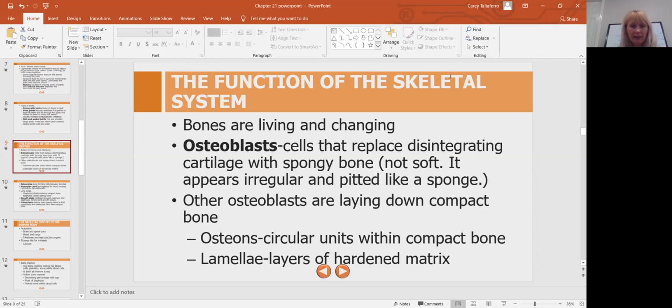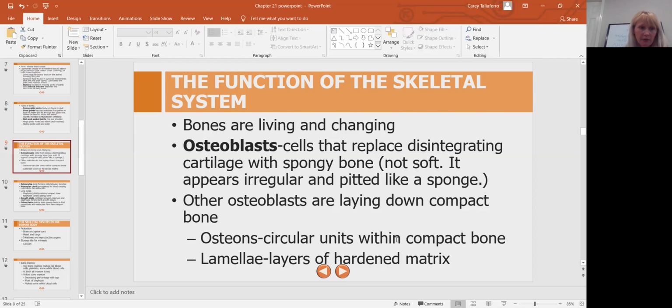Then you have the lamellae, which are layers of hardened matrix, and both of those are labeled on page 418. Have I been saying page 416? I meant page 418. Those are labeled for you on page 418, and so you'll see that the circular osteon is outlined for you, and then you'll see where it's pointing to the lamellae.